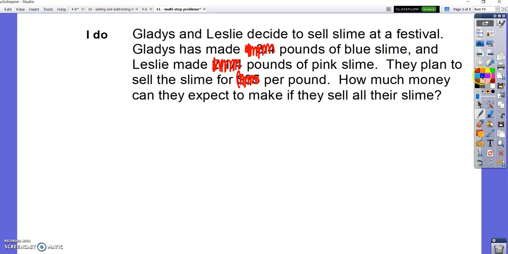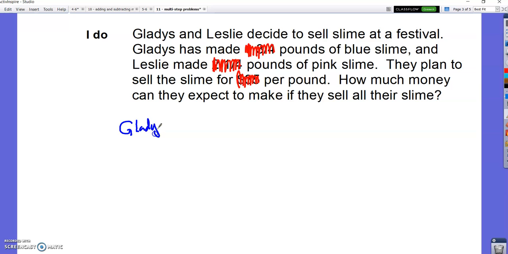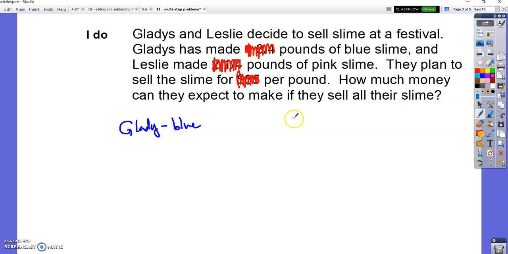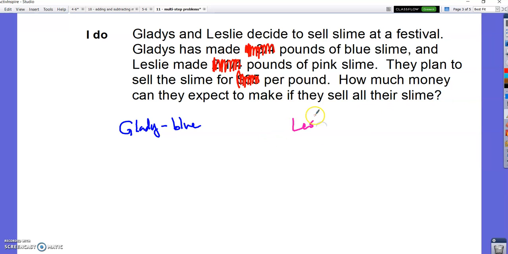So as I think this through, Gladys has some slime. Gladys is blue. And then Leslie has some slime, and they made pink slime. They plan to sell the slime for some money, right? How much money can they expect to make?